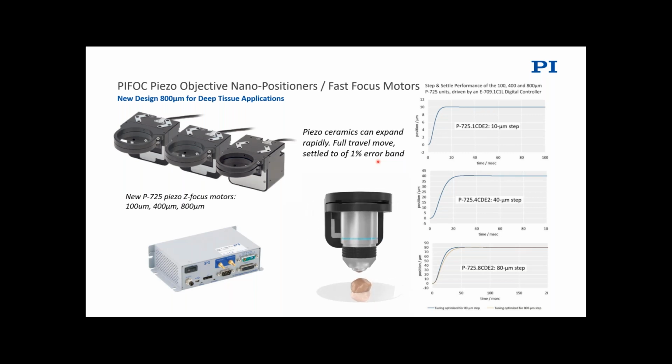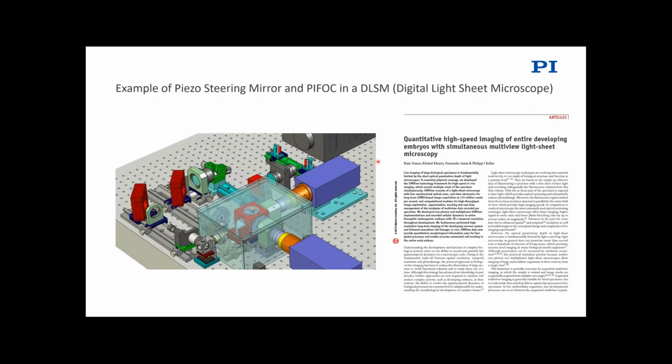PI has advanced controls to really maximize resolution and minimize noise in these types of technologies. So we've really been enabling advanced microscopy for many years and involved with many research institutions like Howard Hughes and Janelia campus.